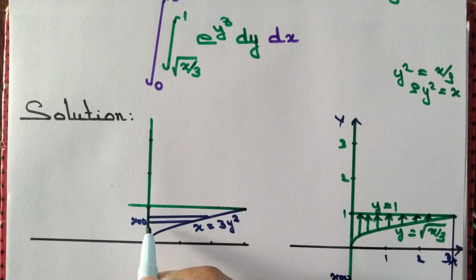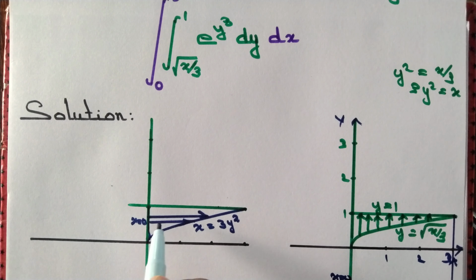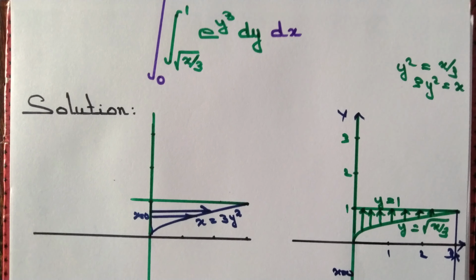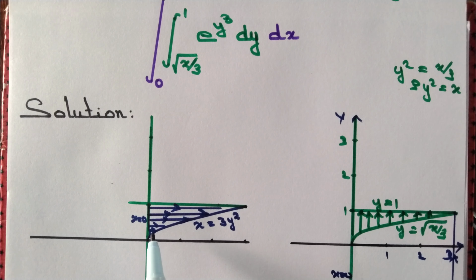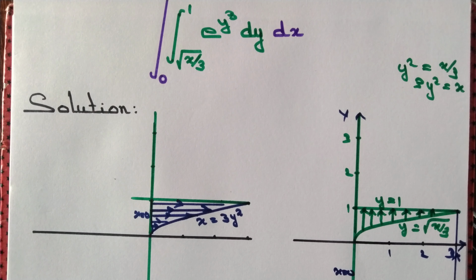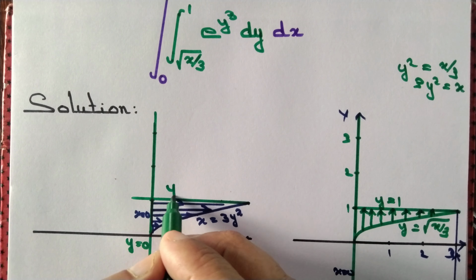So we would like to change x from x equal to 0 to x equal to 3y square. We can cover the exact region if we change x from 0 to 3y square, and then subsequently y from y equal to 0 to y equal to 1.